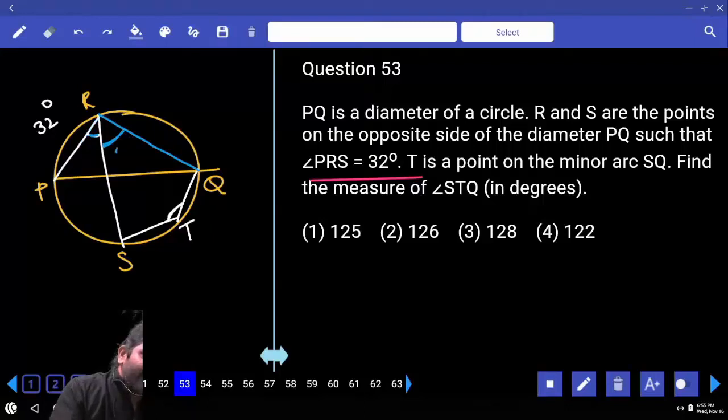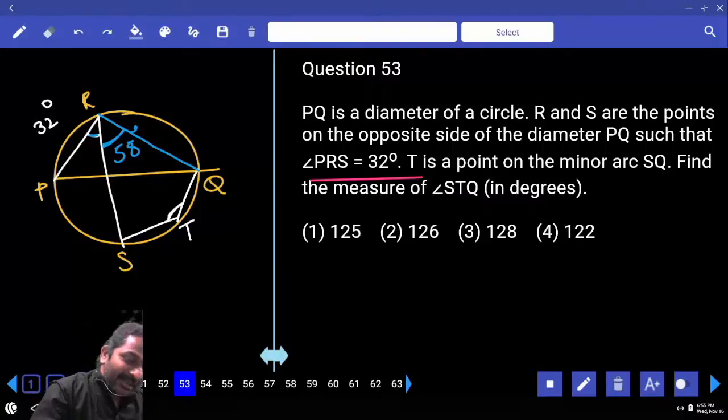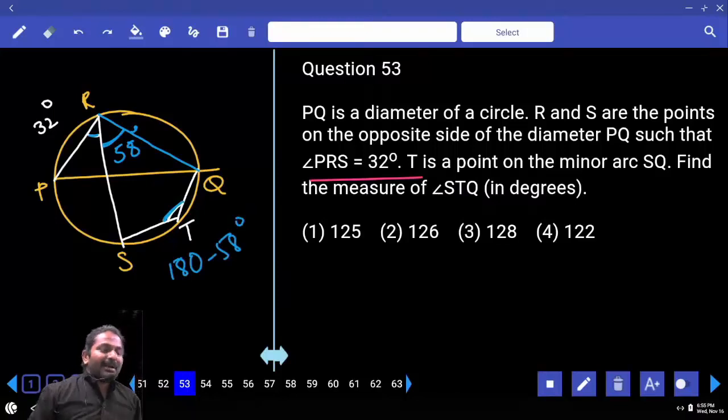So how much is that? 58 degrees. And when you look at the cyclic quadrilateral SRQT, the sum of opposite angles must be 180, so the angle at T must be 180 minus 58 degrees only. Answer: fourth option. Next.